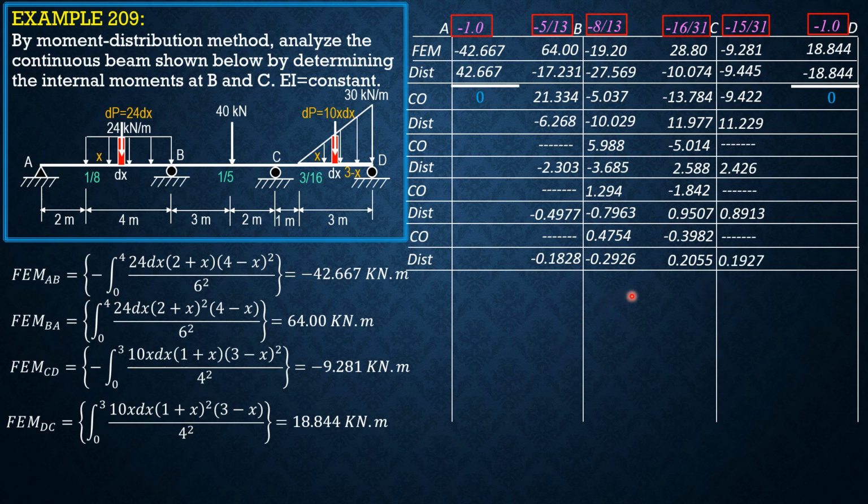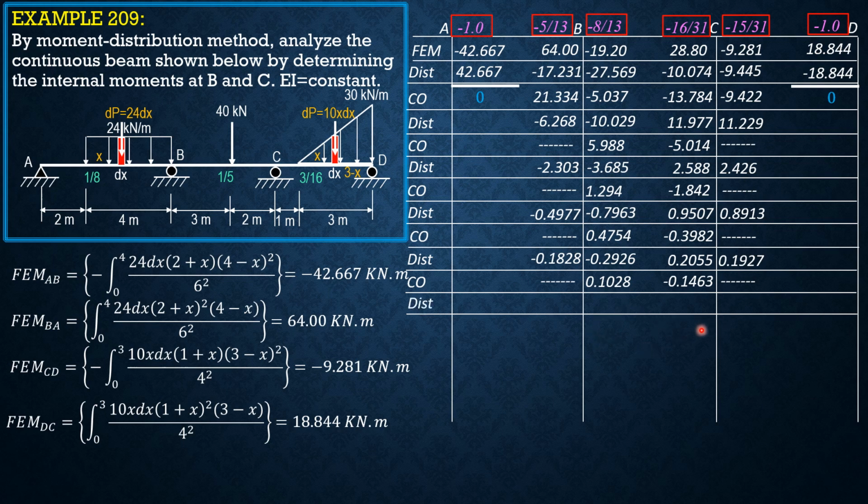Distribute 0.1028 times negative 5 over 13, place it here, times negative 8 over 13, place it here, negative 0.1463 times negative 16 over 31, negative 0.1463 times negative 15 over 31, then carry over, none, half of 0.07551 here, half of negative 0.06063 here.